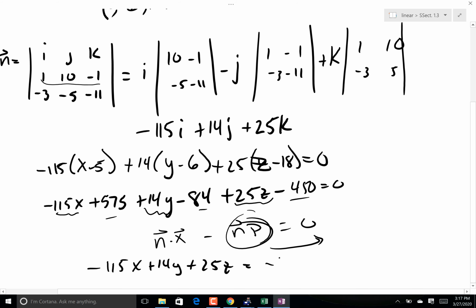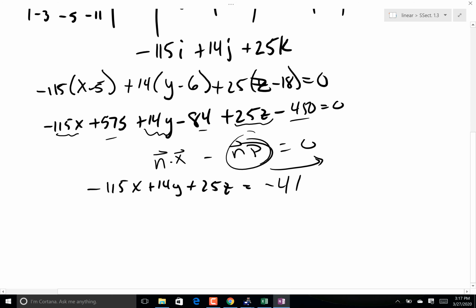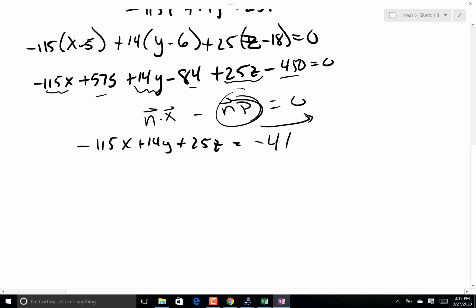Positive 41, so I'm going to subtract it over and get negative 41. Okay, lovely. So whether it's in standard form, with this guy on the other side and it equals 0, or in this format here, I'm fine either way how you write that.